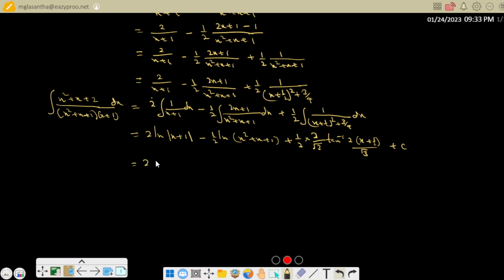So this equals 2 ln(x plus 1) minus half ln(x squared plus x plus 1) plus 1 over root 3 times tan inverse of (2x plus 1) over root 3, plus C, where C is an arbitrary constant, right? So this is the answer for that part.